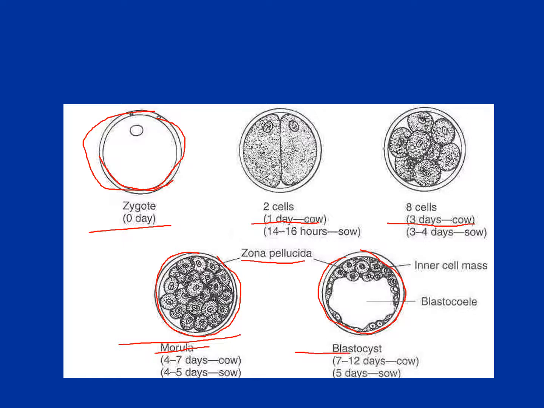At about day 10 to 12 in cows, we have a blastocyst. We have the inner cell mass, which is going to be the developing fetus. The outer cells are going to differentiate into the placenta. Notice that at this time the embryo has not gotten larger.